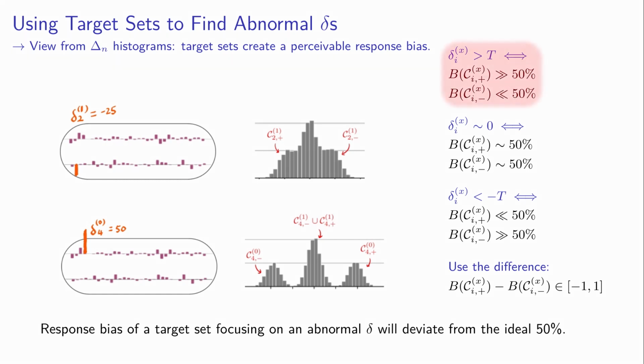If the response bias on the positive target set is much larger than 50% and the response bias on the negative target set is much lower than 50%, then this delta is abnormally positive. We use the difference between these pairs of response biases to help diagnose these abnormal deltas.